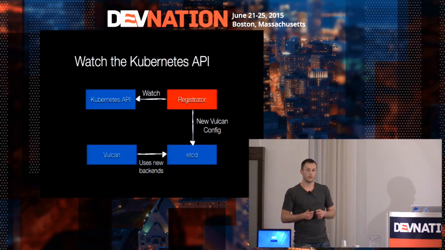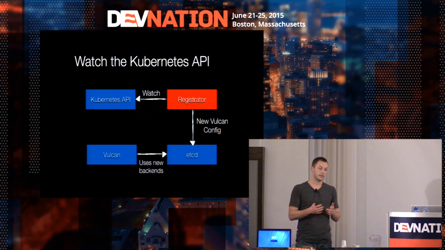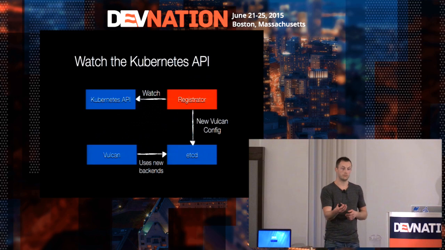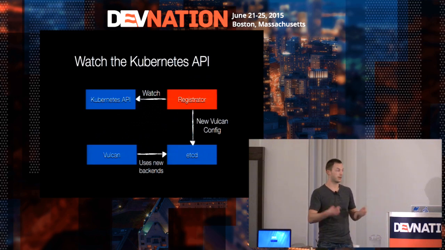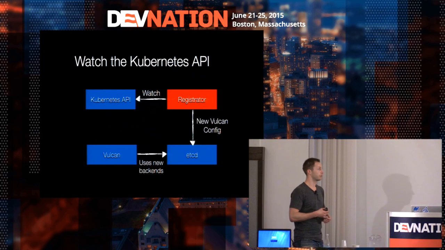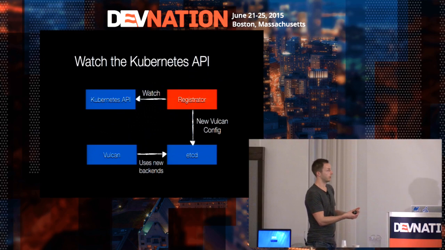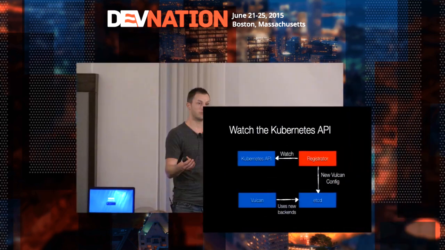The registrator in turn will take this new pod, if a new pod registration happened, and register that pod in etcd, my key value store. Vulkan, which uses etcd to read its configuration, will use this new data to actually reconfigure itself and start using those pods.